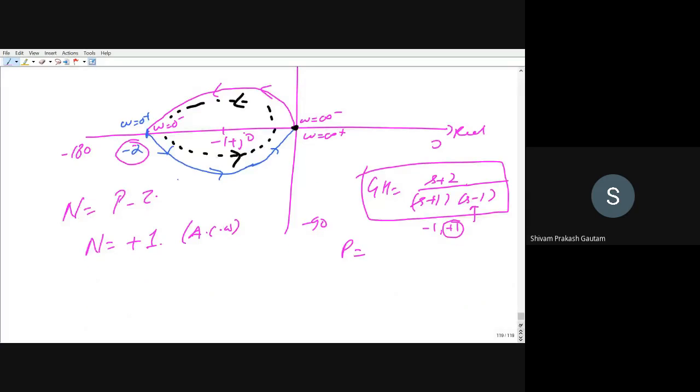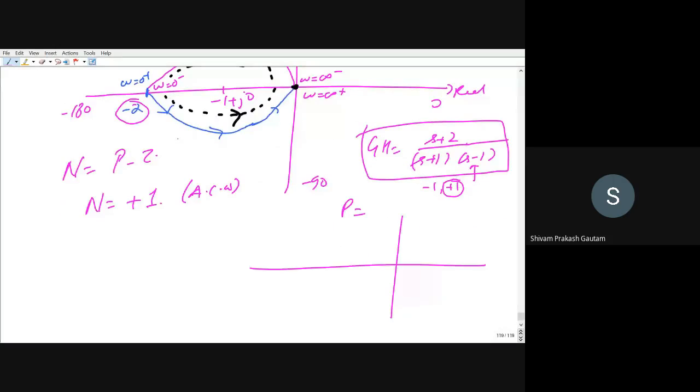Is it understandable or not? Or should I explain? If you draw the pole zero plot of the open loop transfer function in S plane, this is our S plane. So there is one pole at plus 1, there is one pole at minus 1, and there is one zero at minus 2. So minus 2, minus 1, plus 1.